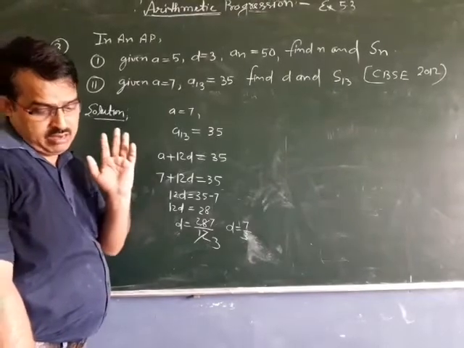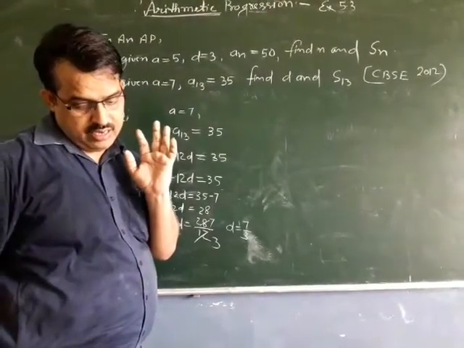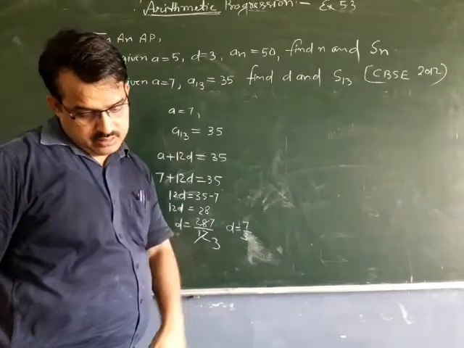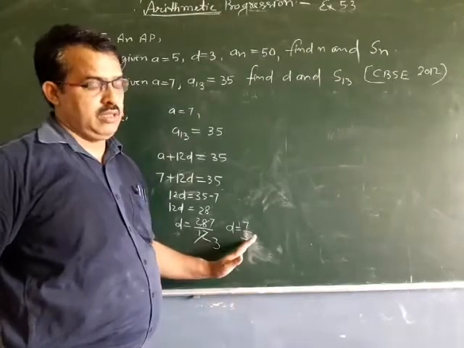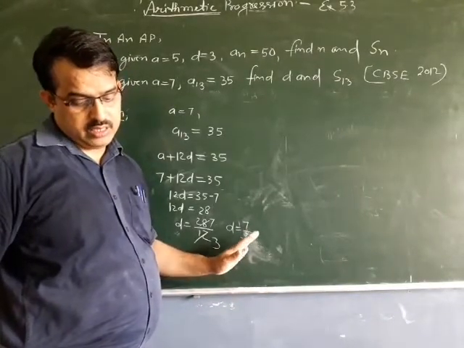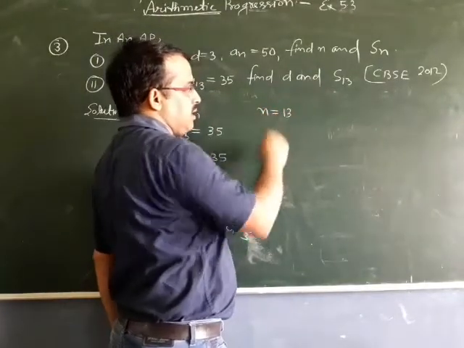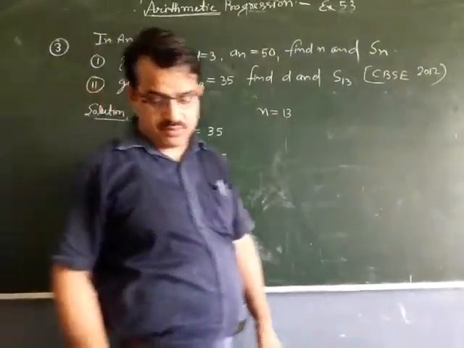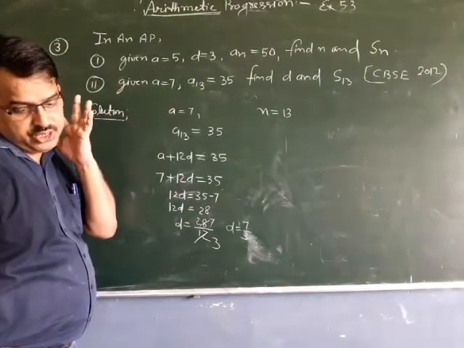Only one portion is remaining: find n. How to find that n? n is 13, which is given already here. So n is 13. Now find the sum for this question.